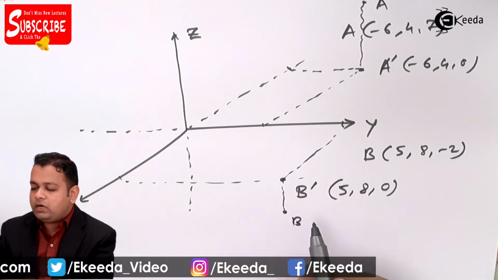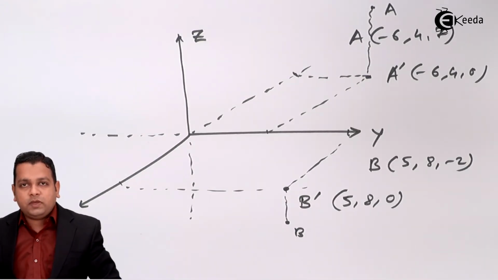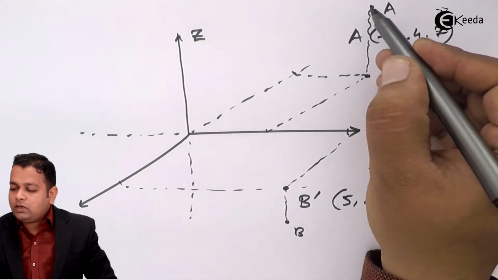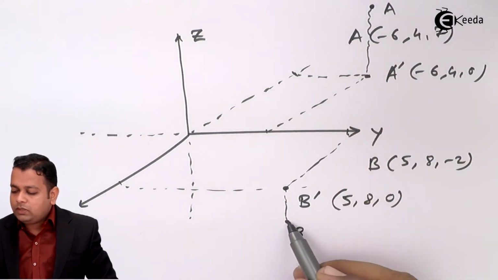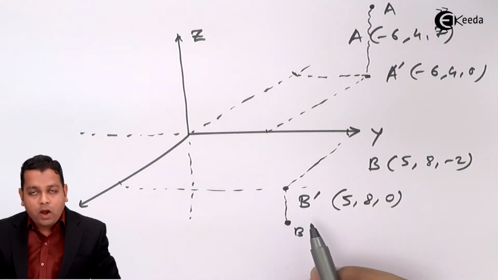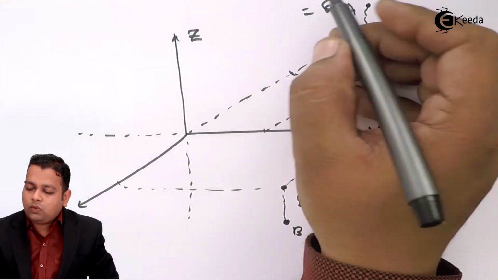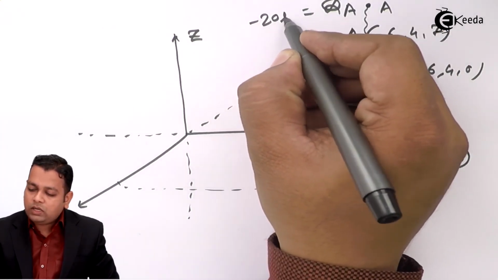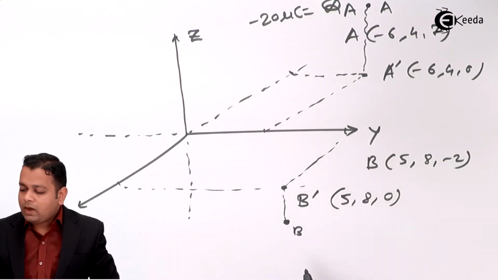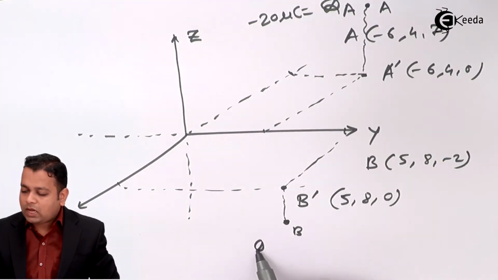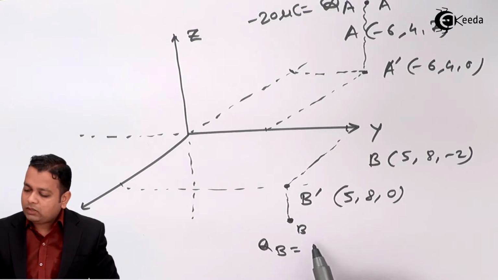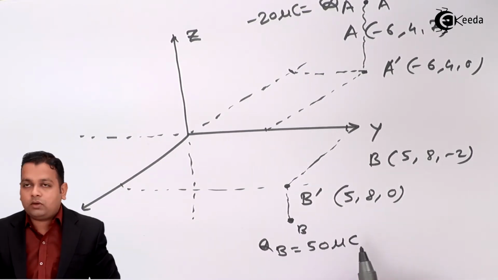So this is our point B. So in space we have point A located here and point B located here. At point A we have the charge QA equal to minus 20 microcoulomb, and at point B we have the charge QB having magnitude 50 microcoulomb.